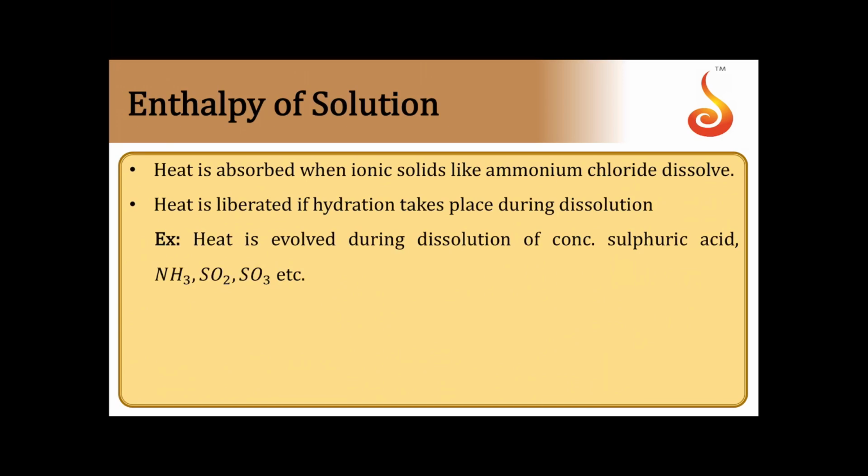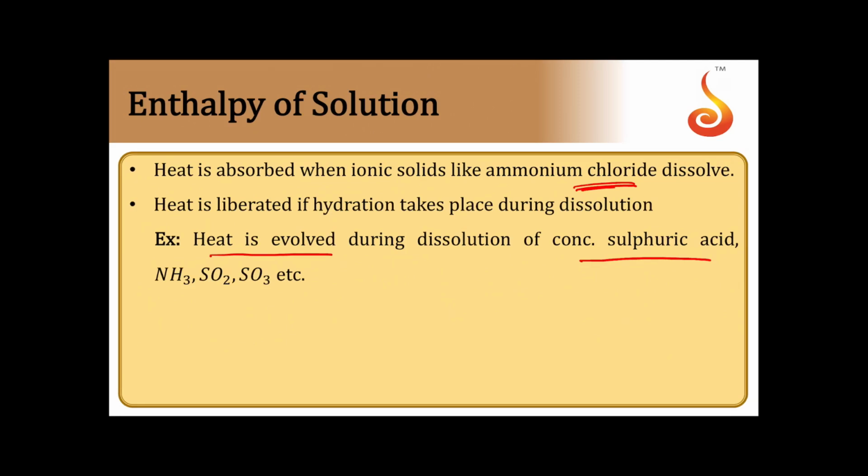Heat is absorbed when ionic compounds like ammonium chloride are dissolved. It implies that ammonium chloride has more lattice enthalpy than heat of hydration. Therefore, the value is positive. And if heat is given out, it is said to be negative. That is to say, when you take compounds like concentrated sulfuric acid, on dissolution heat is evolved.